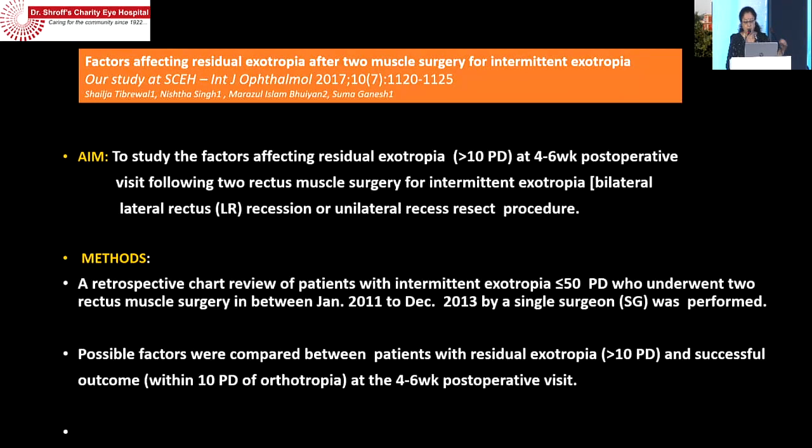So we published a paper in 2017 where we wanted to assess the factors affecting residual exotropia after 2 muscle surgery for intermittent exotropia.